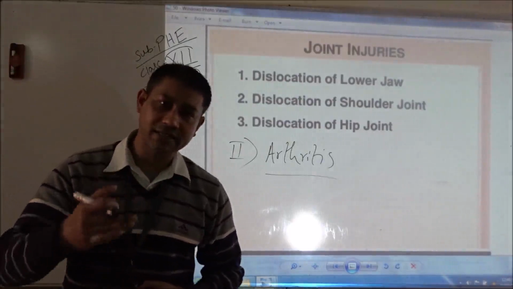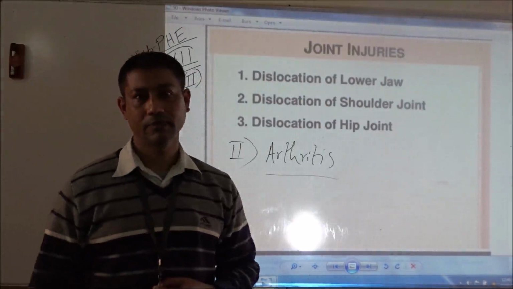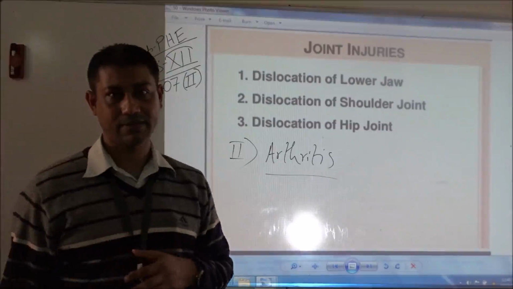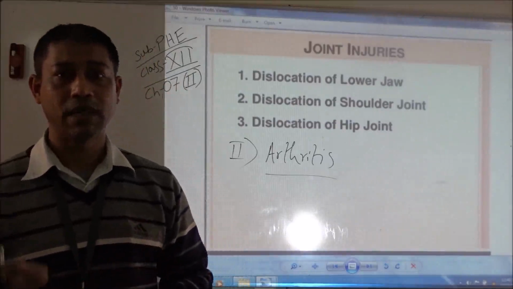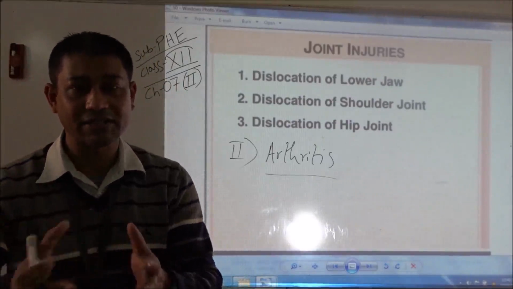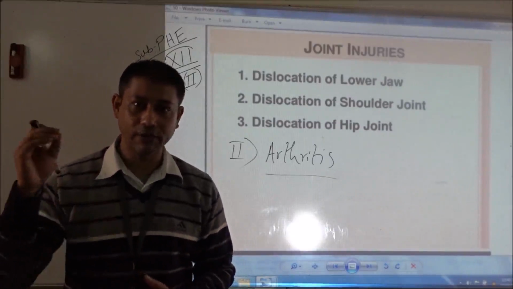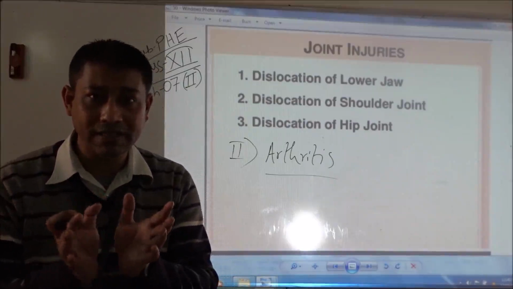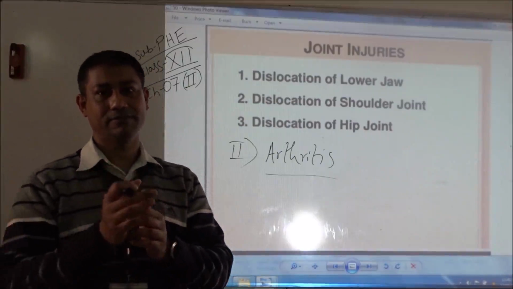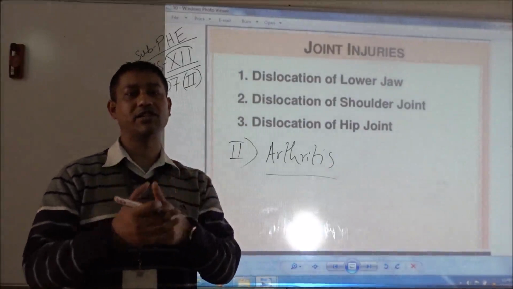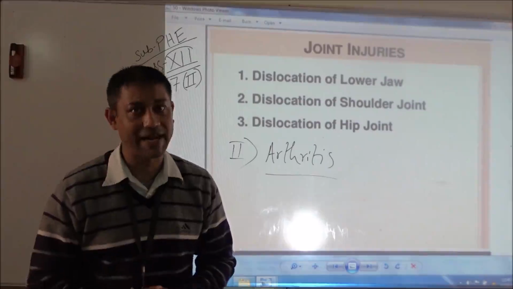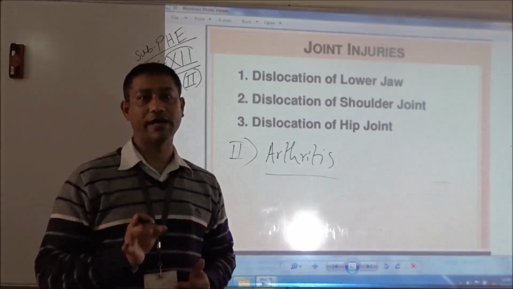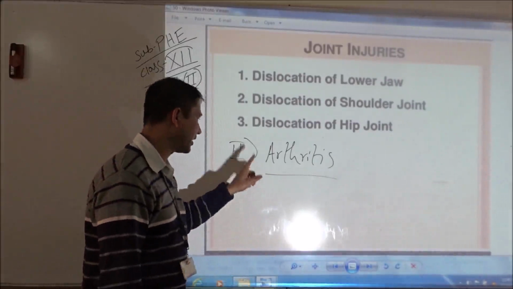That fluid starts drying up as our age progresses. As we grow older, that fluid starts drying up. So when the fluid dries up, the bones in the joint get rubbed while movement is taking place, and it creates pain in our joint, which is called arthritis.